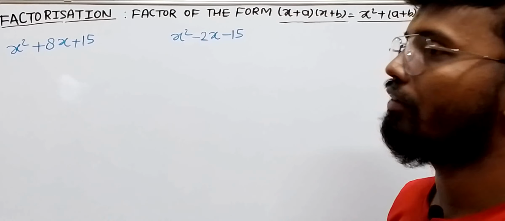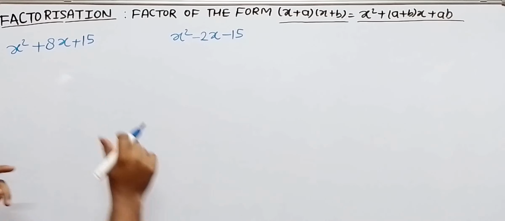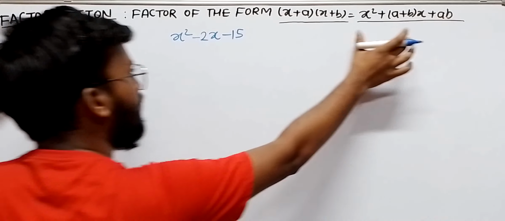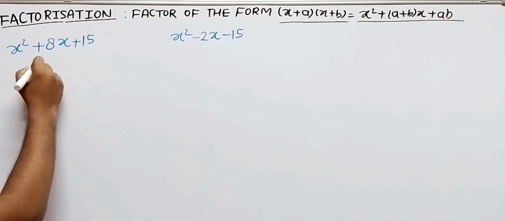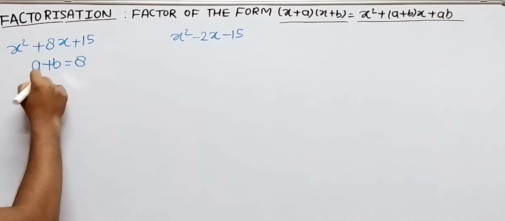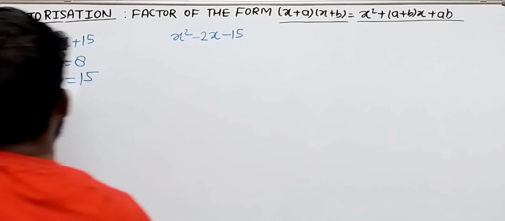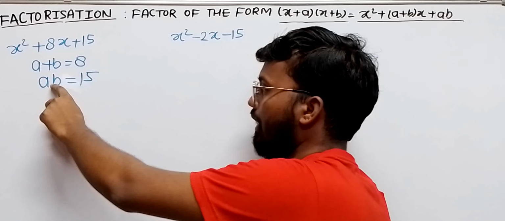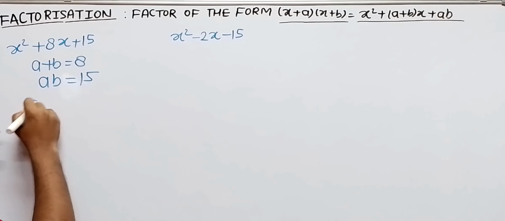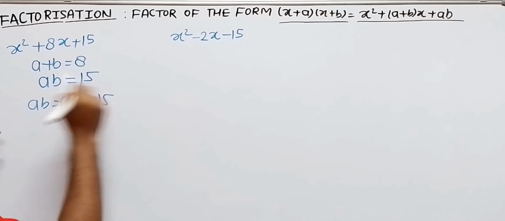When we proceed by this method, we compare this term with that term, and we get a + b = 8 and ab = 15. Here ab can also be written as a × b = 15.